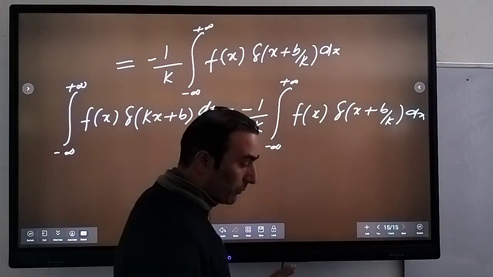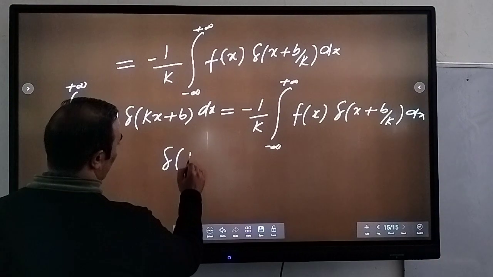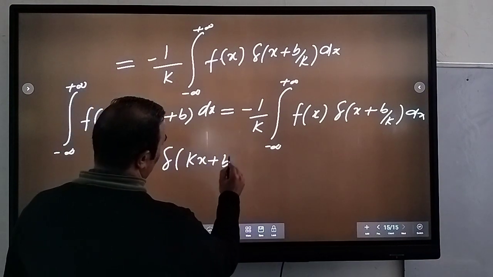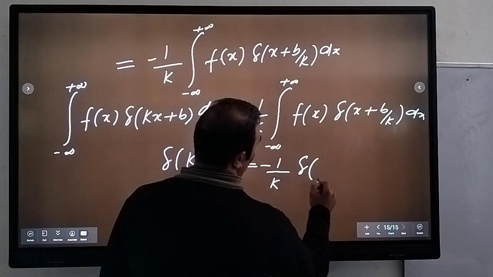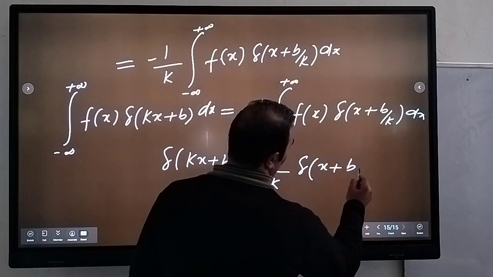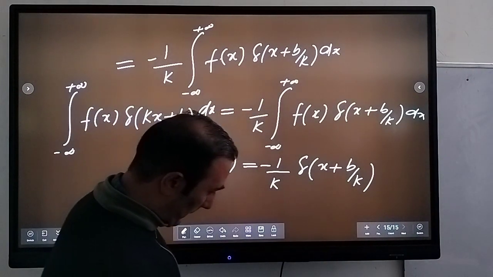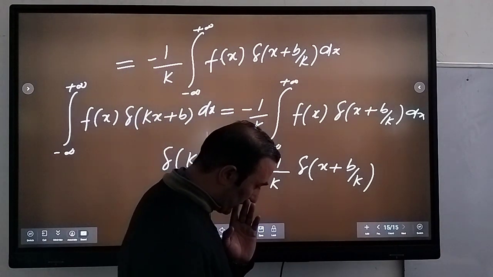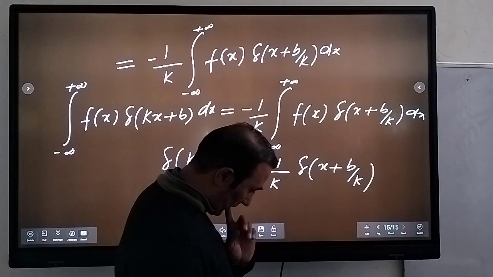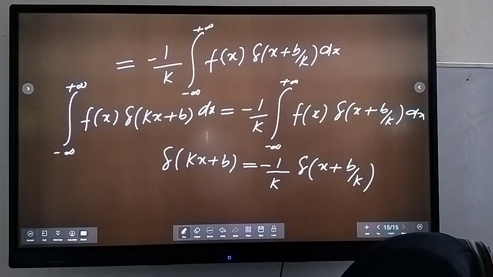Right? So when you compare them, that means after comparing, delta of that kx plus b. Sorry, is it minus? So am I getting it minus or plus? Okay, so let me check it. So is it plus or minus?